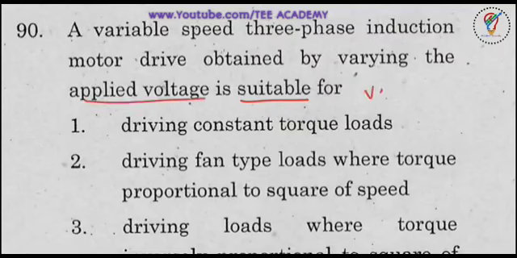That means here V by F ratio is not constant. Only V is varying, frequency is constant. So when the frequency is constant, it can be applied to driving fan type loads where the torque is proportional to square of the speed.